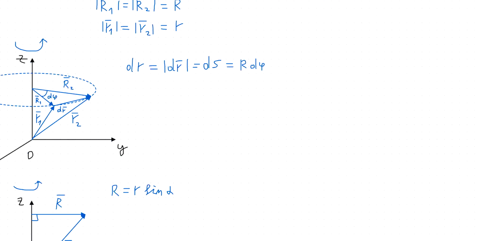Okay, and we can substitute this formula in here, and we will have that this is R dφ, where dφ is the increase of the angle of rotation, multiplied by sine alpha.